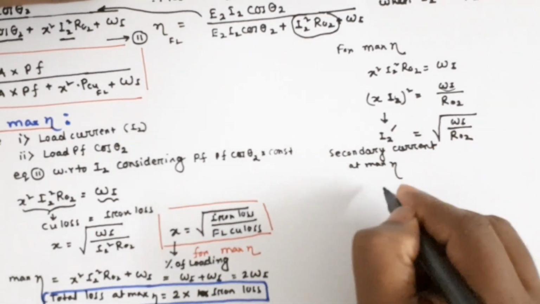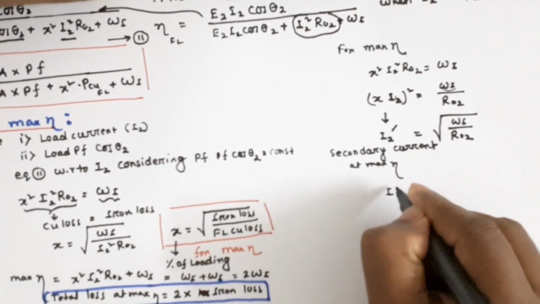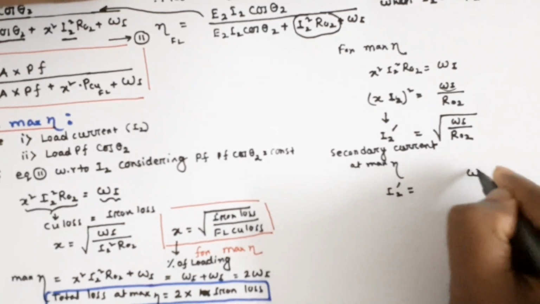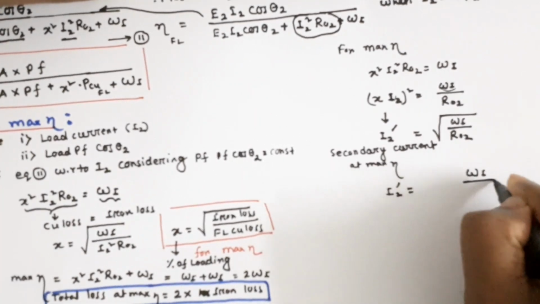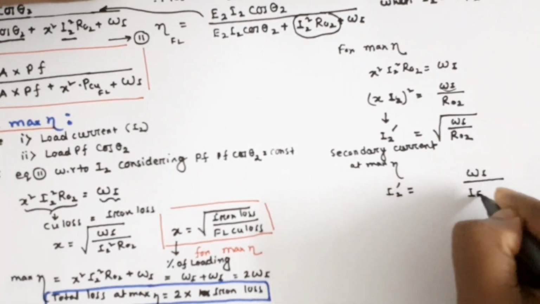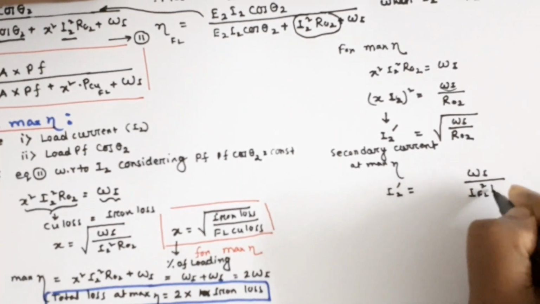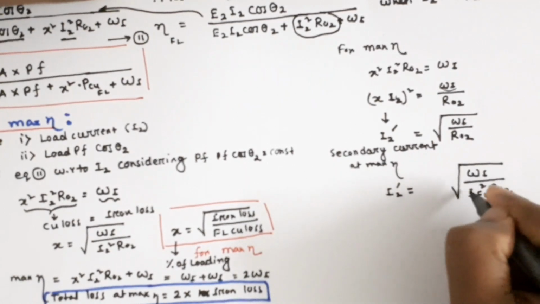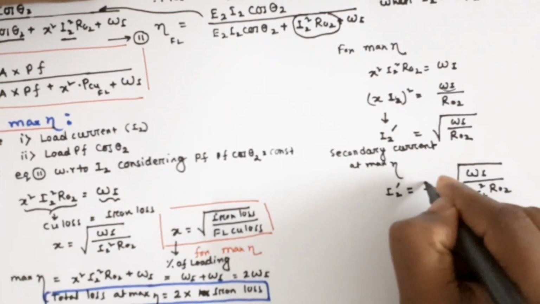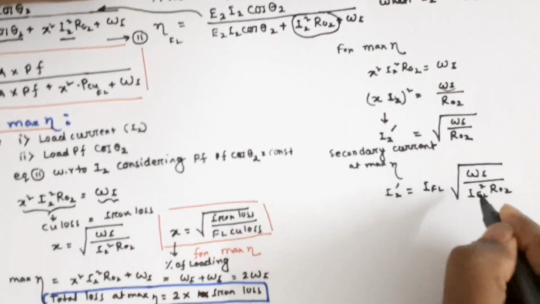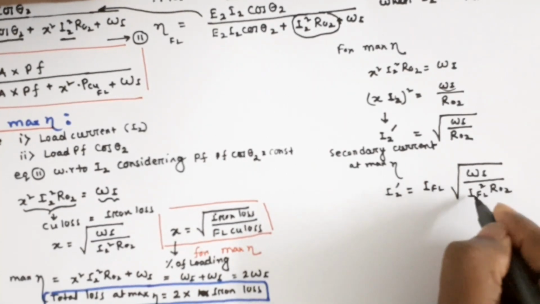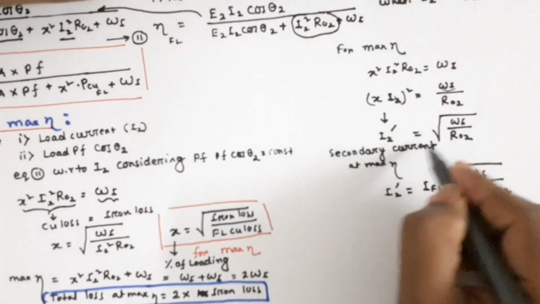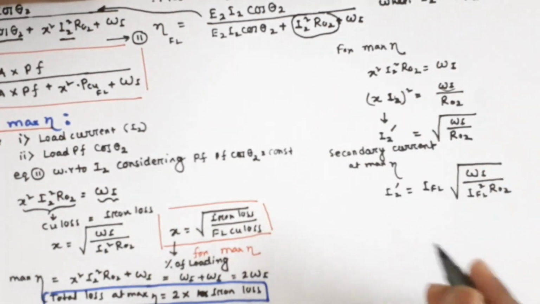Therefore, I2 dash equal to, here Wi divided by I of FL, full load current square into R02. This is within the root, and this full load current I can write outside like this. When this comes outside, the full load current and full load current will be cancelled out, then this relation will be satisfied.